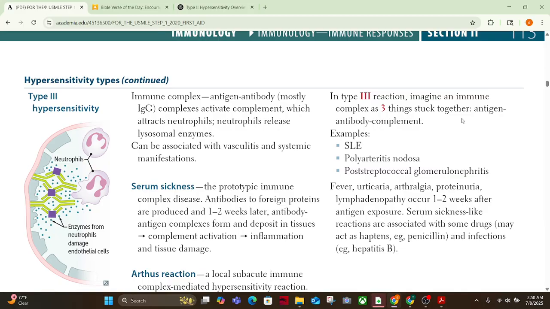If I were to ask which ones cause anaphylaxis, you would say C3a, C4a, and C5a. They all have an A in them, so you remember anaphylaxis.